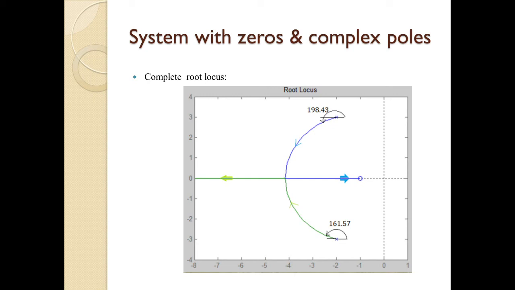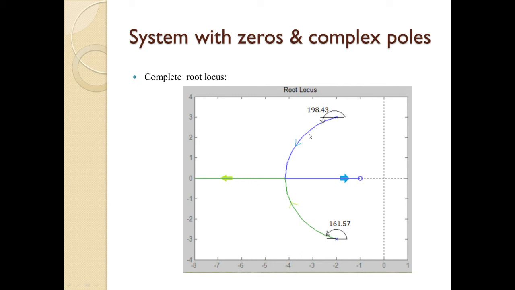So first we consider the angle of departure for pole 1, that is 198.43 degree, and remember that this angle should be drawn with reference 0. So we take this as a reference, and from this reference we measure the 198.43 degree, and at this angle the branch comes out from this pole.